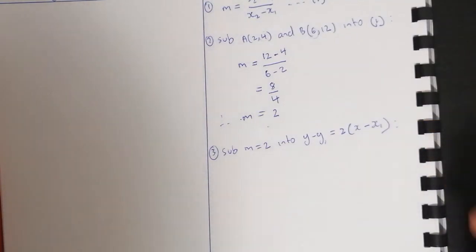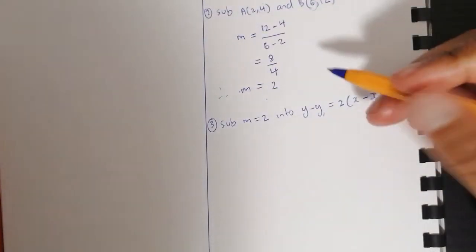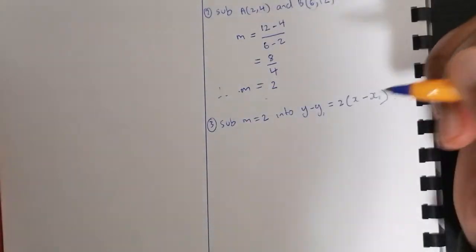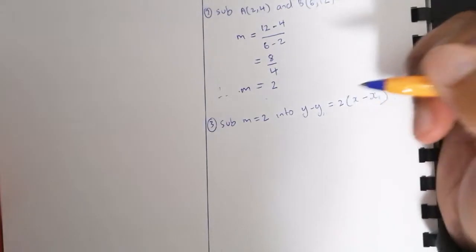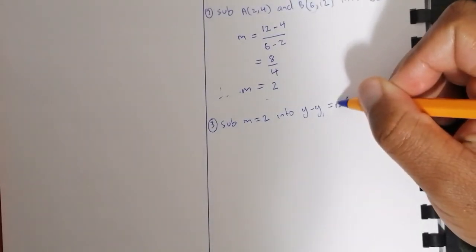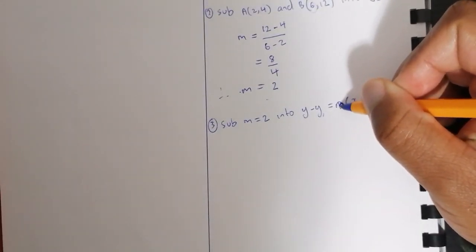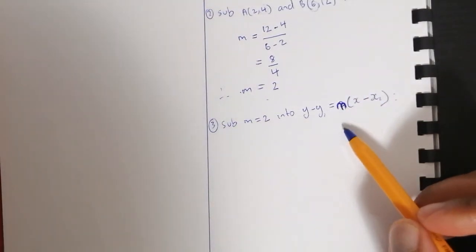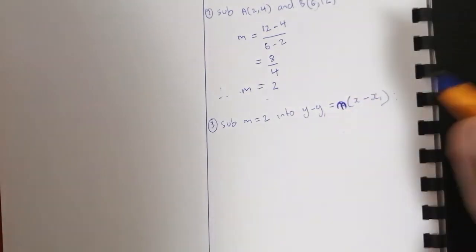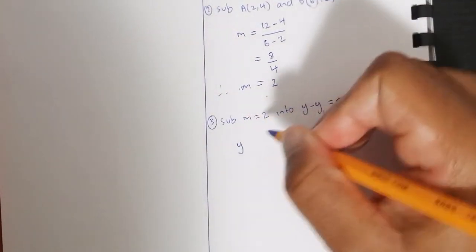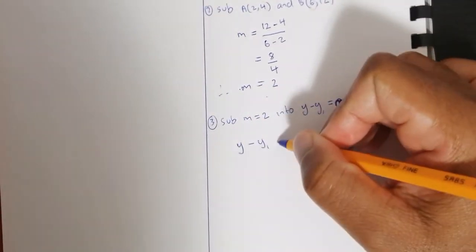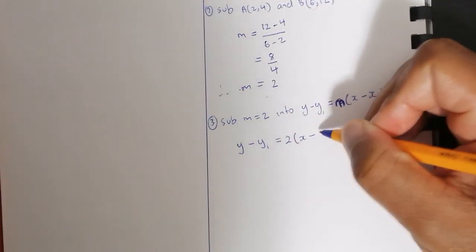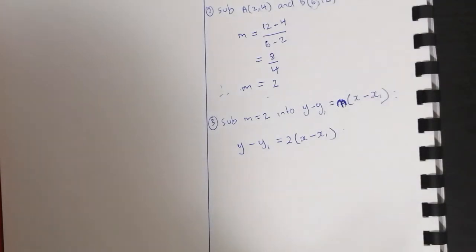Okay, sorry, this is m. Hope you can see that this is an m. So we have y minus y1 equals m times x minus x1, where m is 2.